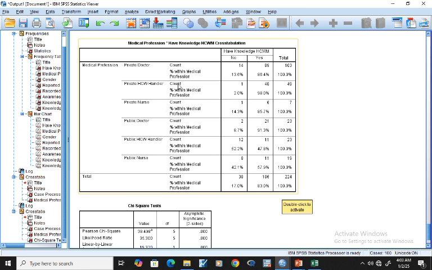That means we can simply say that a higher proportion of private waste handlers are certainly more informed about healthcare waste management than other healthcare medical professions.